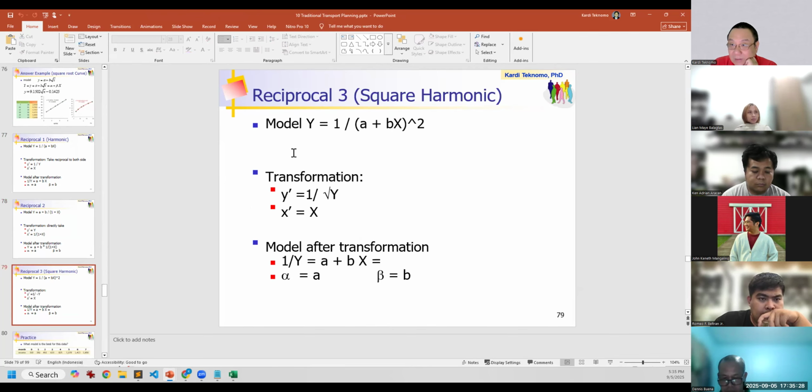This one is square harmonic, so 1 over A plus BX squared. Now you can create your own nonlinear model if you can transform it into a linear model. Then you will have your own model.